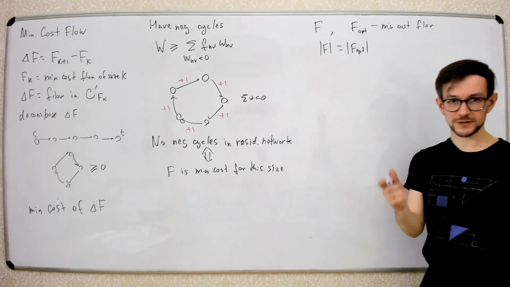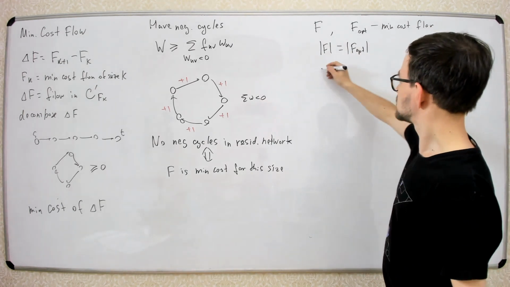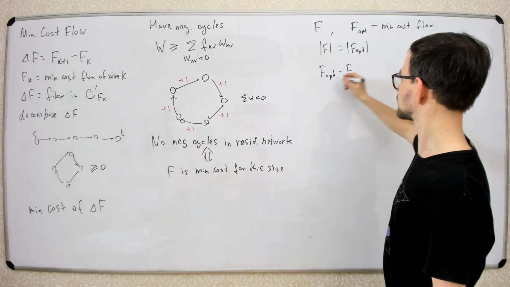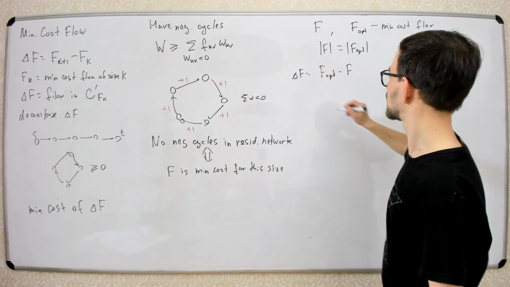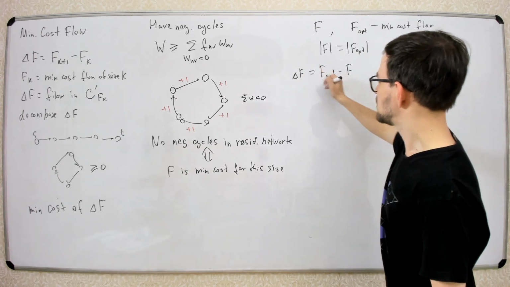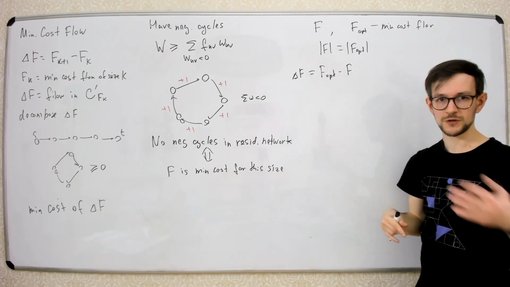Now let's look at the difference between these flows. So let's look at the difference between the optimal flow and our flow. Again, delta F. The difference of these two flows is just a flow in the residual network.